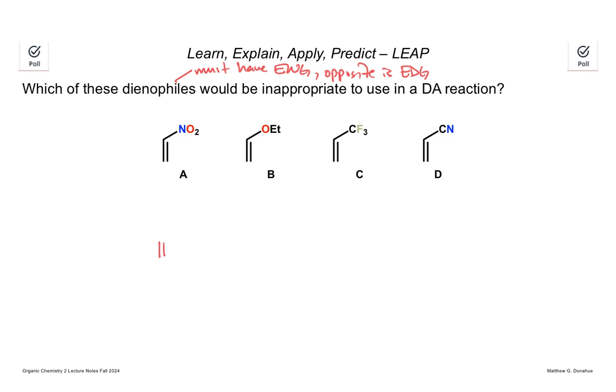So one of the things that will definitely help you is expanding out these functional groups into their Lewis dot, looking at the formal charges, and then making your decision. So this is called a nitro group.